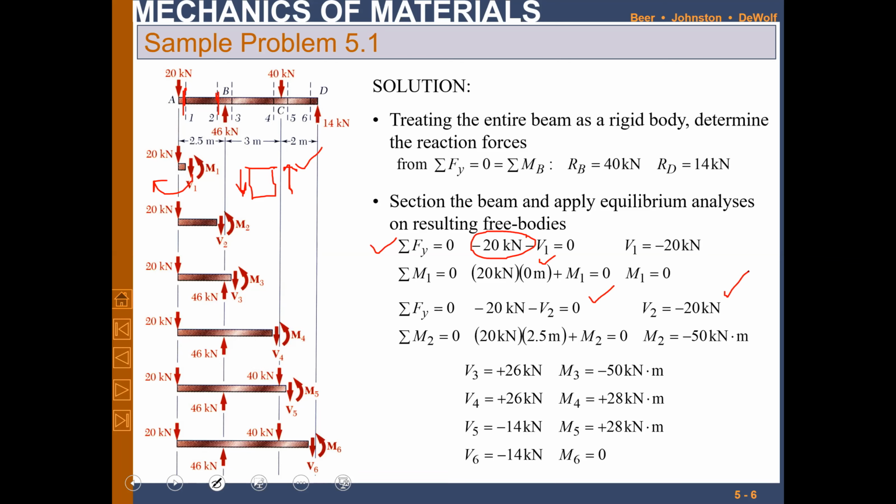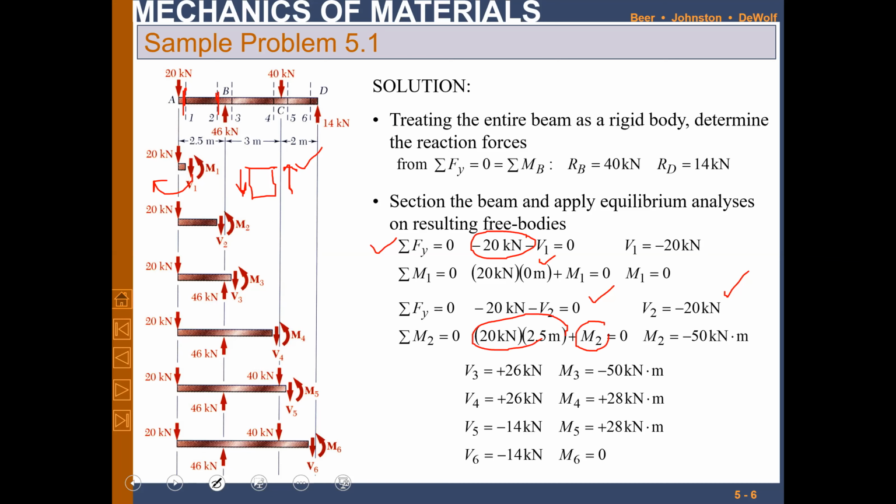Fine. So what about moment now, right? Moment will be there now because now you have a significant length of 2.5 meter. So 20 into 2.5, right? And plus M2, that is the moment you are applying, because this is action, this is reaction.